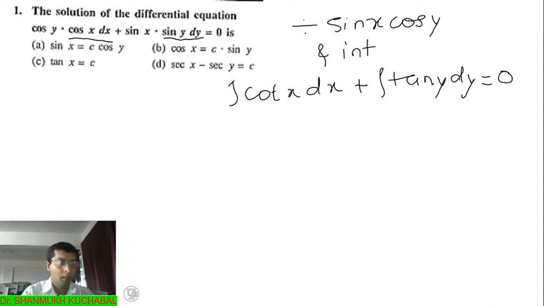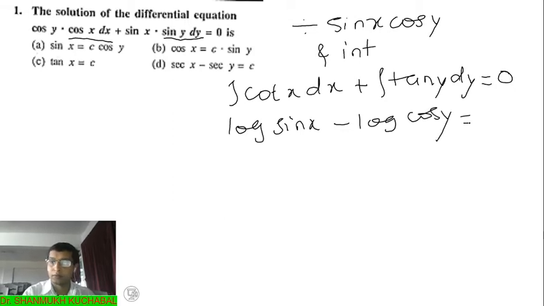Further, the integration of cot x is log of sin x and the integration of tan y is minus log of cos y, equal to. Here both are logarithmic functions, and it is an indefinite integration, so we will add a constant, which we take in the form of a logarithm, that is log c.